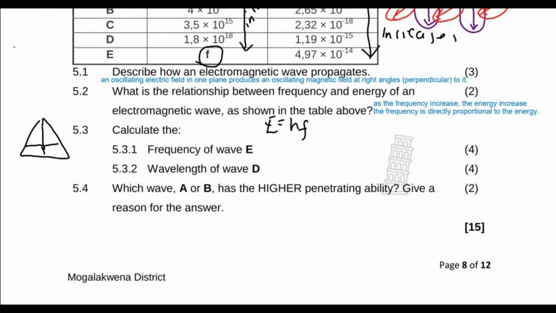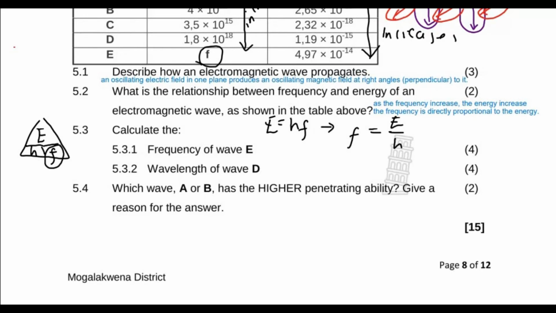So we say E equals hf. But we want to calculate the frequency. To make f the subject, we say f equals E at the top in the numerator, h at the bottom.